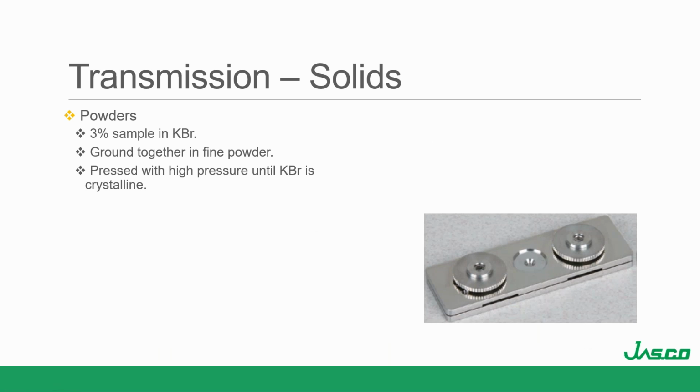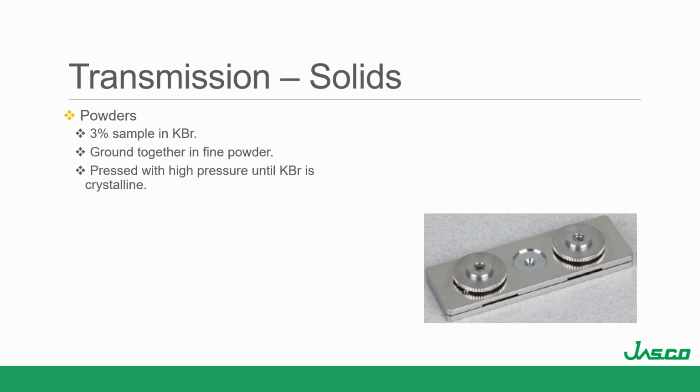So transmission of solids. If you want to make a KBr press or KBr pellet, you get 3% of the sample in with KBr, and then you grind it into fine powder, and then there's a high pressure clamp that will compress the sample until it's crystalline.